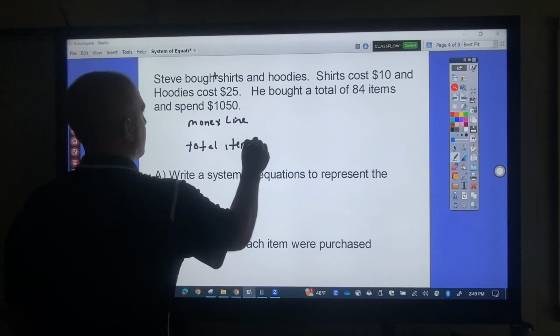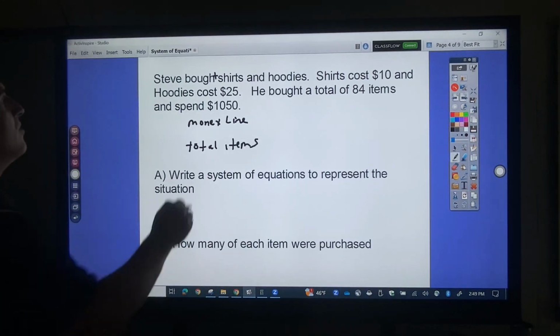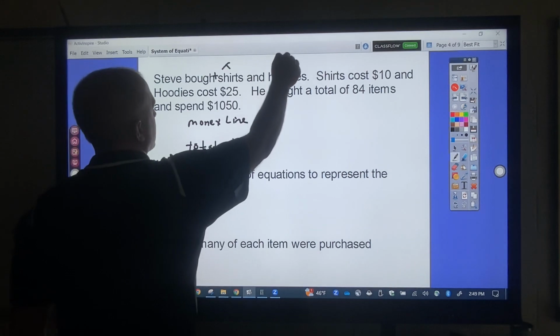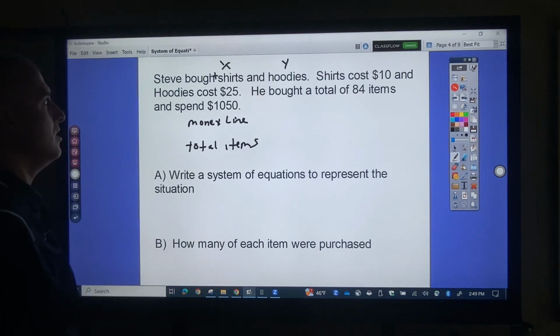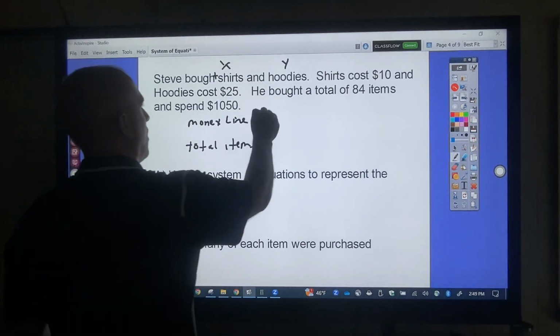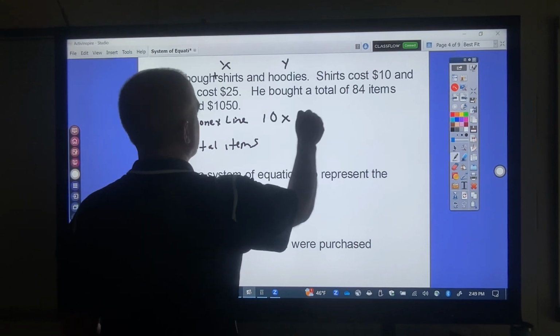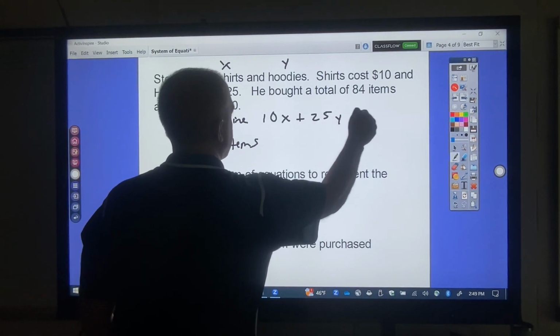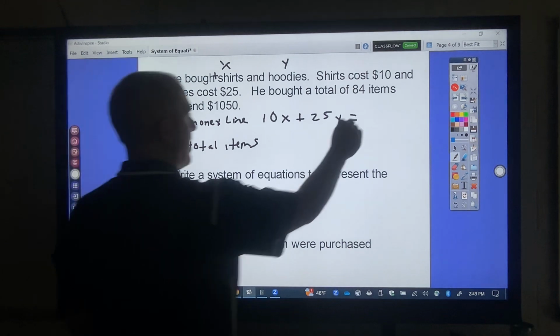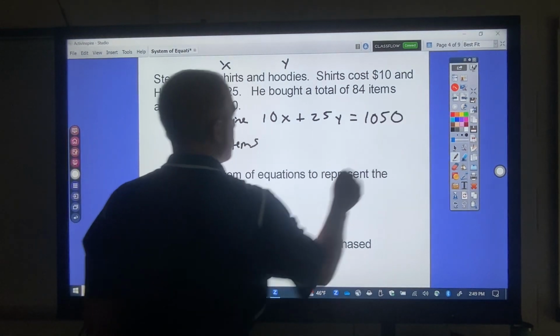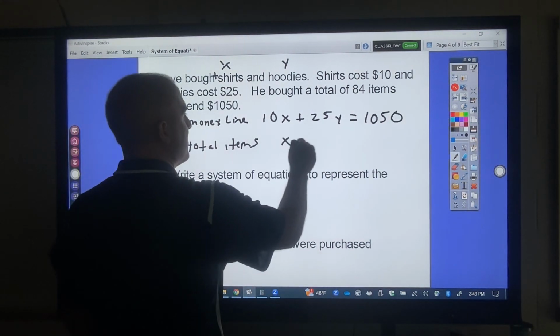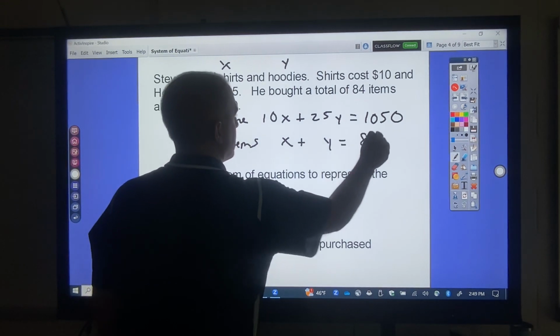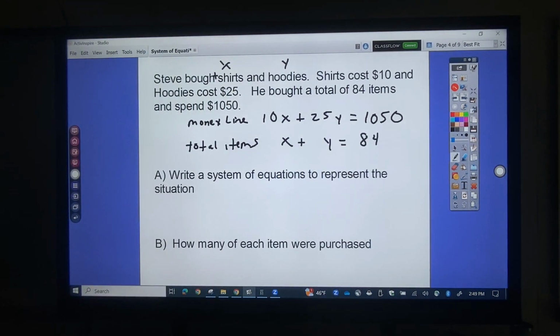Somebody buying stuff, okay? Where the first thing, the shirts, hoodies, X and Y. So shirts cost $10, hoodies cost $25. Okay, now where's the other money written in there? $1,050. Now, all you gotta do to make a money line, it's the same variables, just with the total amount of items, okay?